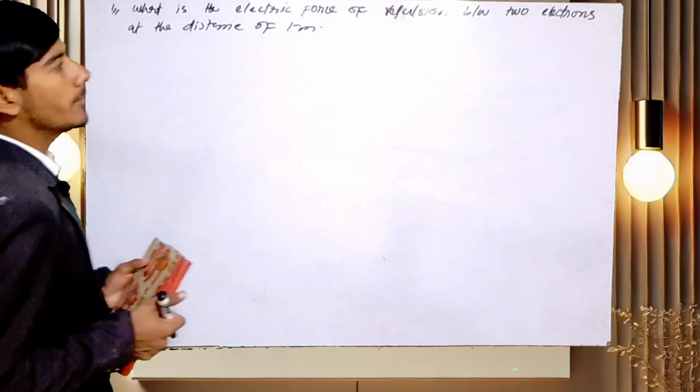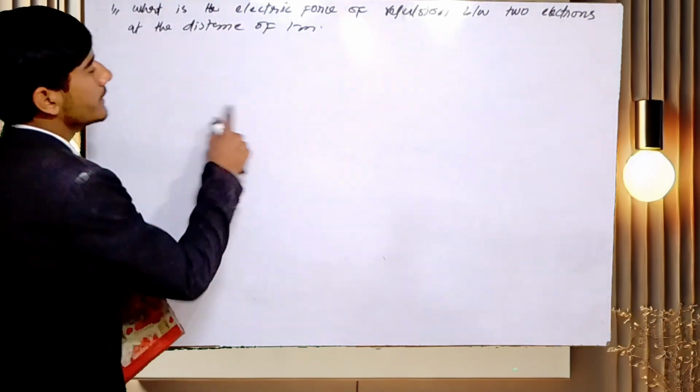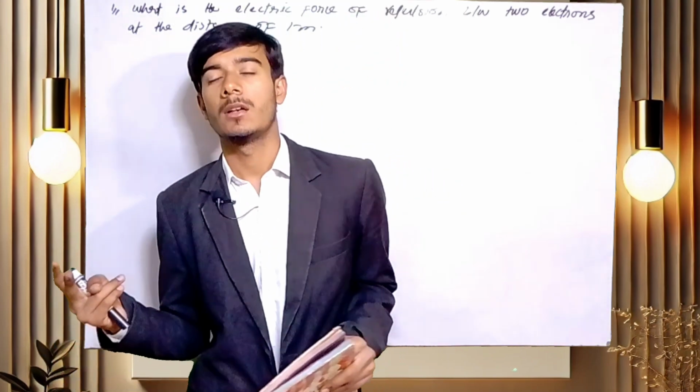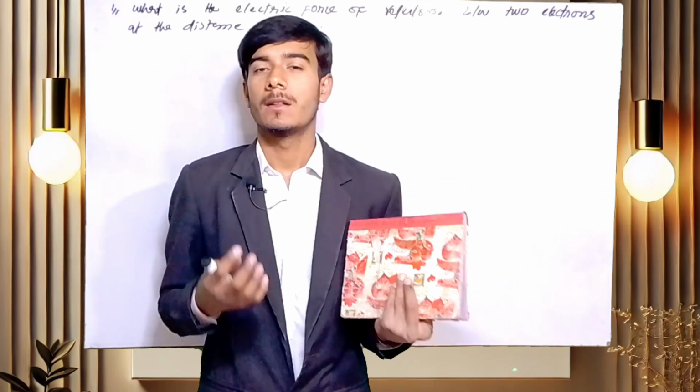What is the electric force of repulsion between two electrons at the distance of 1 meter? What is this statement telling you? The statement is telling that there are two electrons. You know that if there are two electrons, there will be a force. The force will be attractive or repulsive. Because the charges are similar, the force will be repulsive.